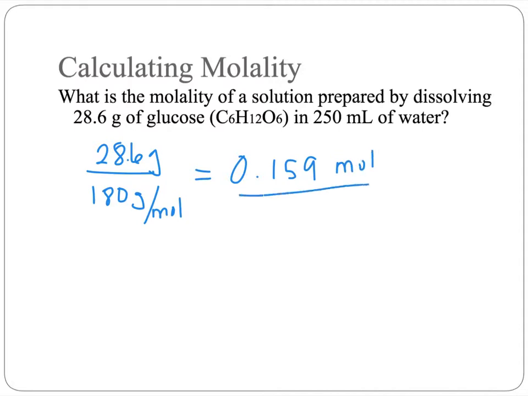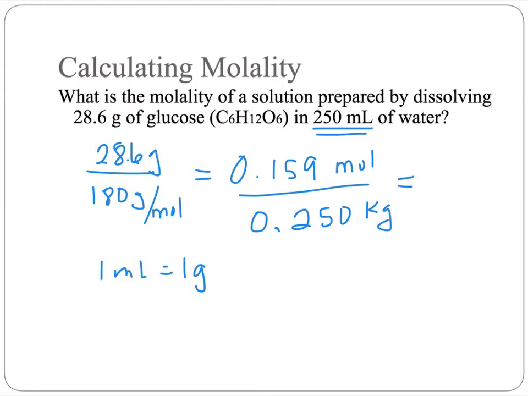And then we take that and divide it by how many kilograms? Well, we have 250 milliliters, and you know that 1 milliliter is equal to 1 gram when it comes to water, because the density of water is 1 gram per milliliter. So we can turn this 250 milliliters into 250 grams, and then we can turn it into kilograms by moving our decimal point 3 places to the left, so it's 0.250 kilograms, and there's our formula for molality.